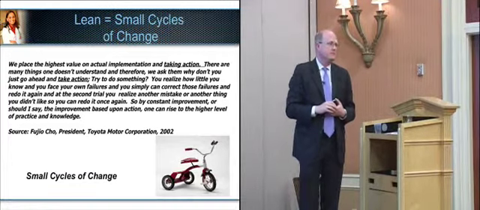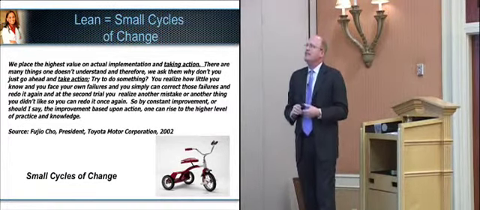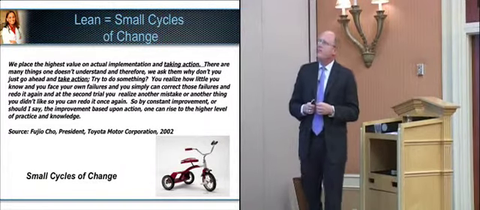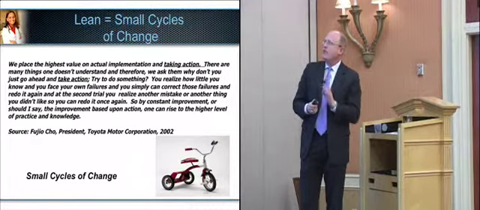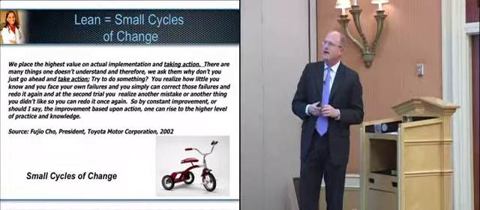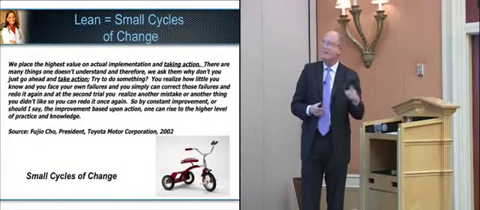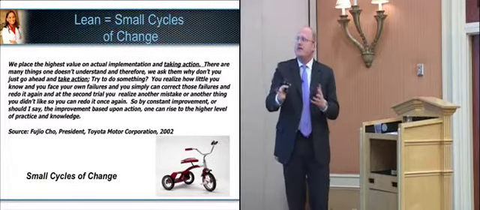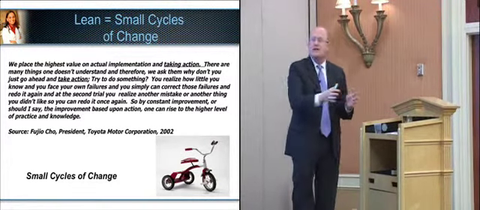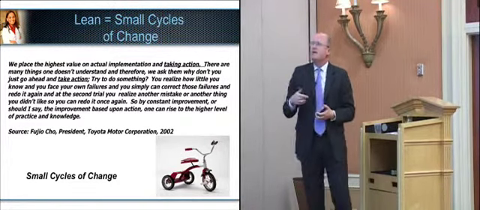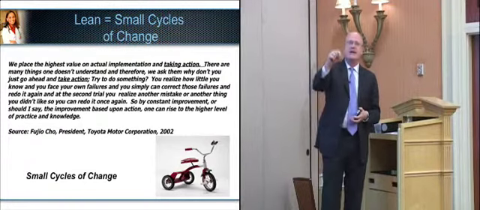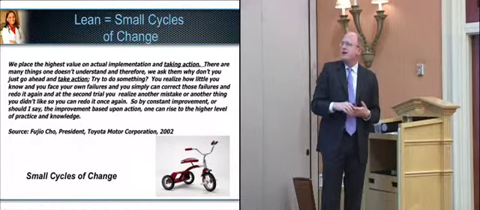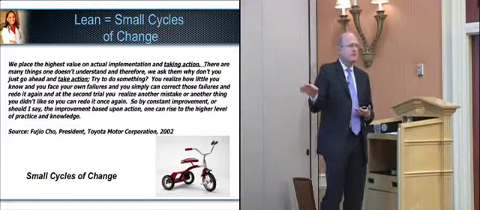Try to do something. You realize how little you know, and you face your own failures, and you can simply correct those failures and redo it again. And at the second trial, the second test of change, you realize another mistake or another thing you didn't like, so you can redo it once again. So by constant improvement, or should I say the improvement based upon action, one can rise to the higher level of practice and knowledge. So small cycles of change.